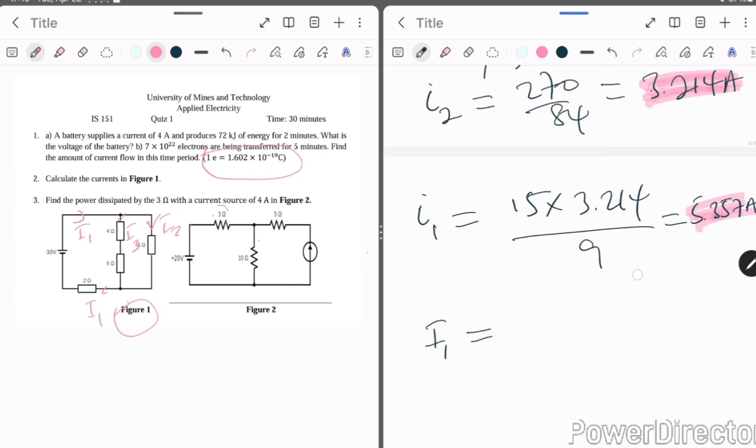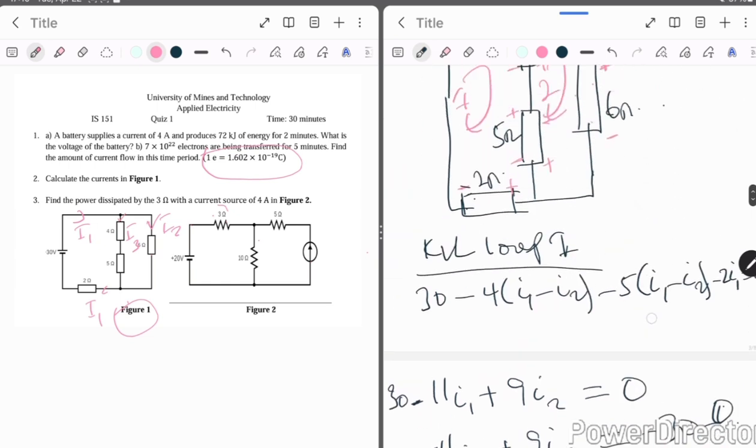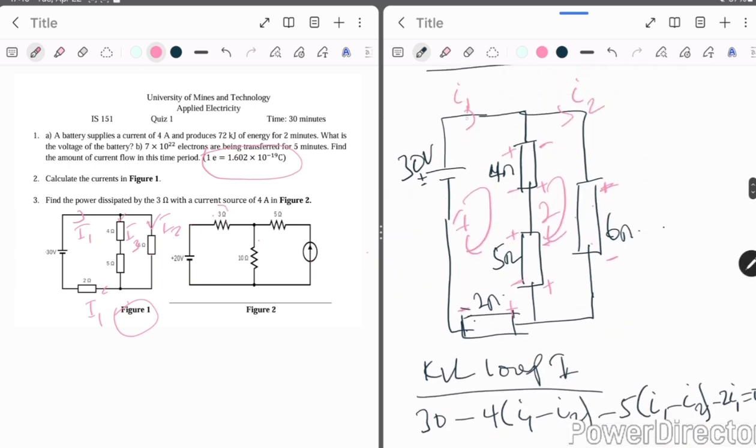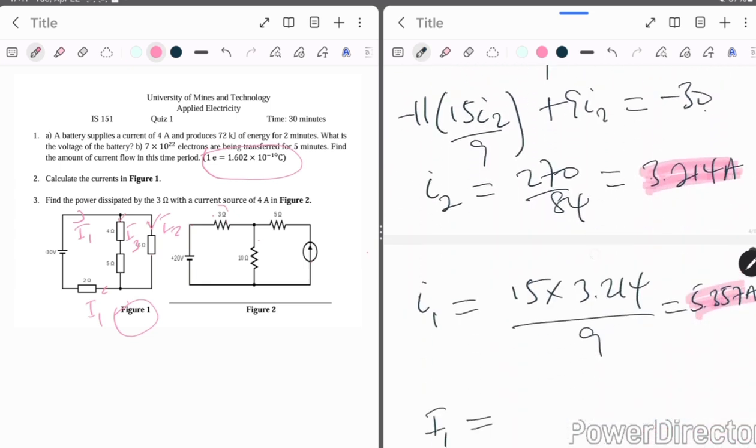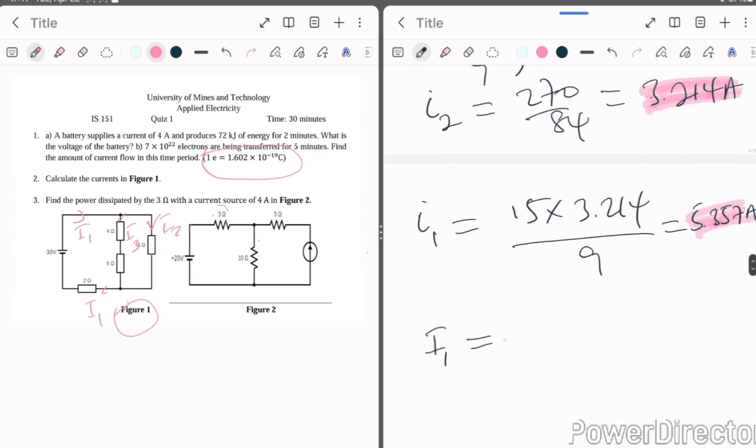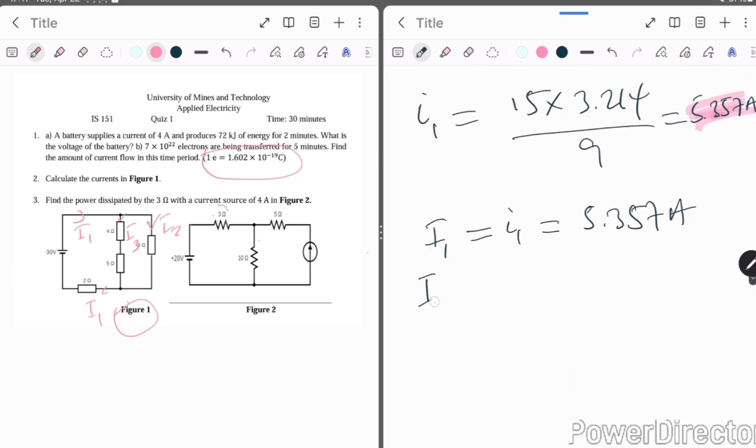When we look at the loop current I1, it's also going through the 2 ohms here. So the branch current I1 equals the mesh current I1, which is 5.357 amps.